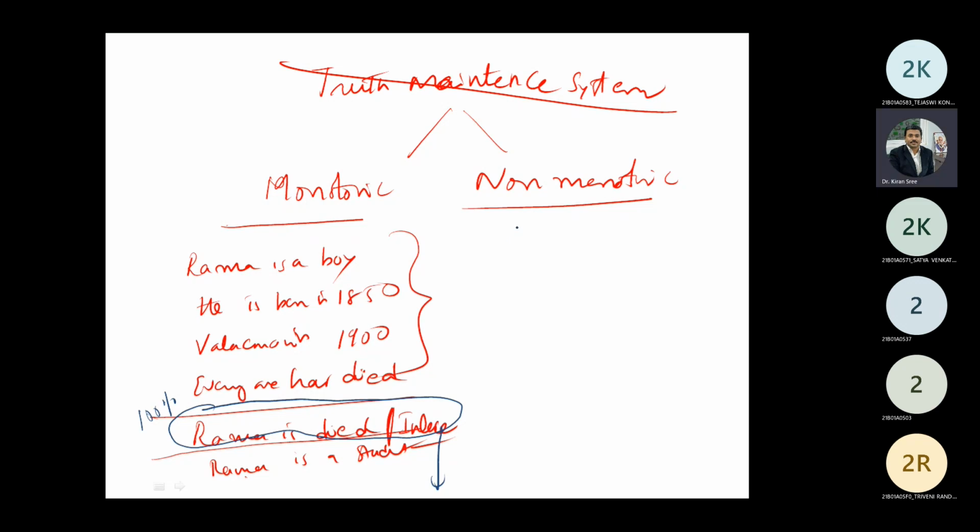assume that I take a statement called birds fly. Ostrich cannot fly.